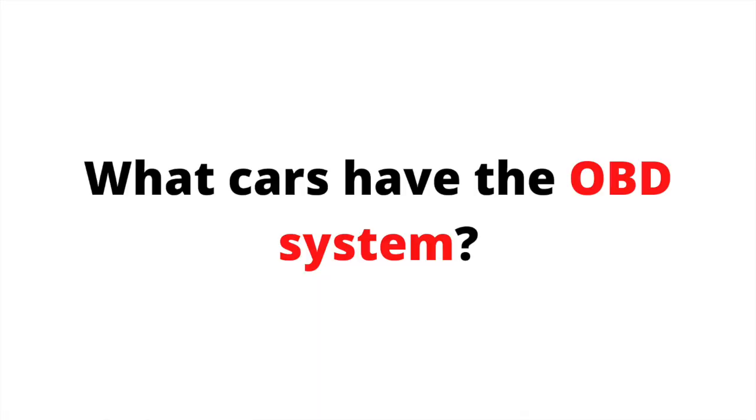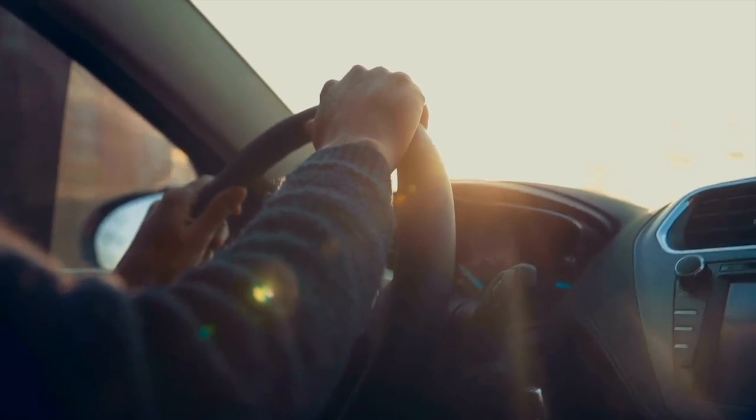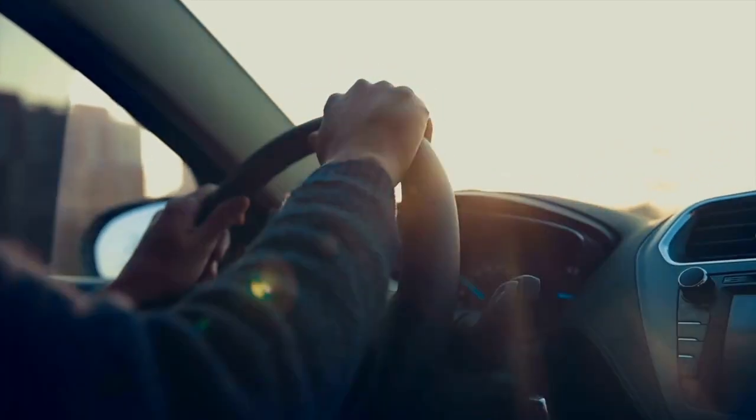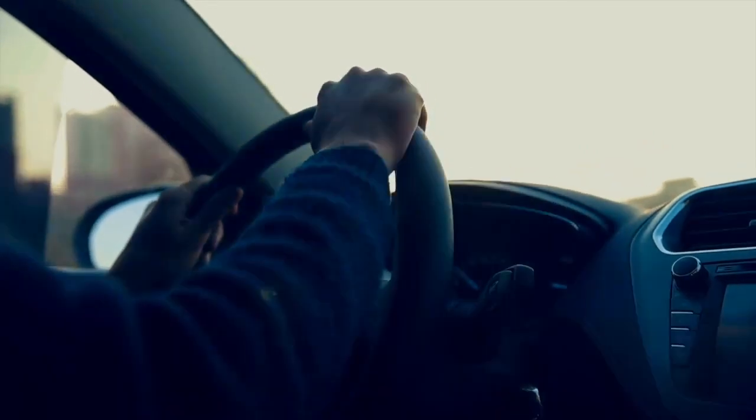What cars have the OBD system? Cars created before 1995 and some from that year. If your vehicle is from 1995 or earlier, it likely has OBD I. All vehicles sold in the United States since 1981 must have some type of OBD system built in.